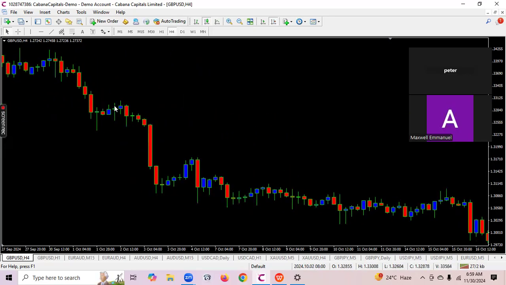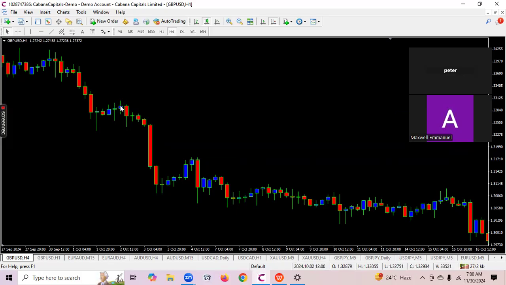Okay, let me show you another one here. You can see this is a spinning top. The trend before the formation of this spinning top was what? It was bullish. Price was going up from this point to this point before this pattern formed.